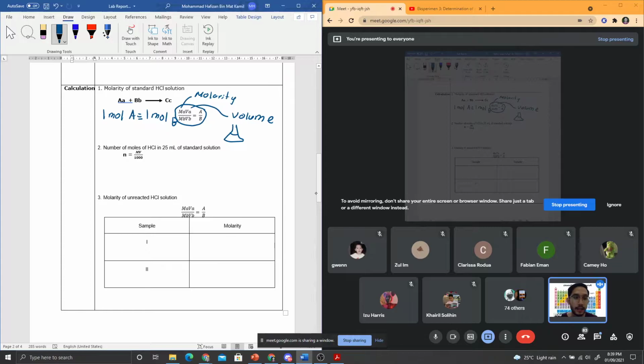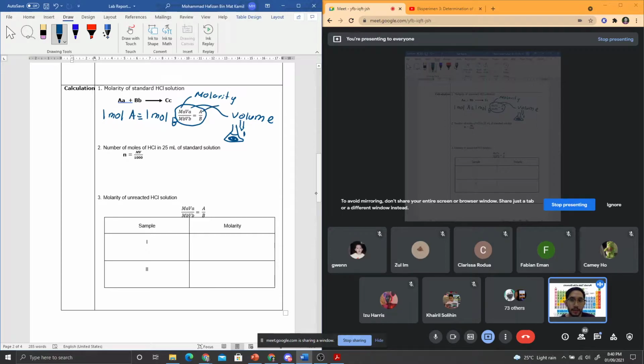Maksudnya dia tak ada excess, dia tak ada limiting reactant. Semua exactly the same. So that's why kita boleh assume the moles yang kita titrate ke bawah and also the moles yang dalam kita punya solution sama. That's why kita boleh guna MAVA over MBVB equivalent to A per B.